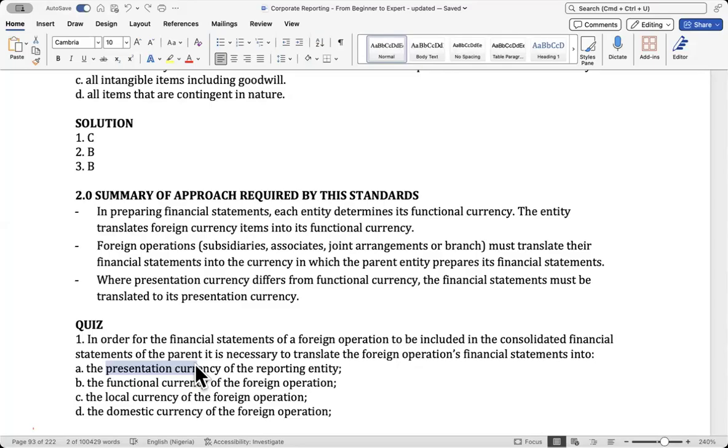So when you're translating it, you translate it into your books in your functional currency. That's the requirement. So ultimately, when you are then presenting your financial statement at the end of the year, then we start talking about presentation. In most cases, it should be the functional currency, except if you decide otherwise.